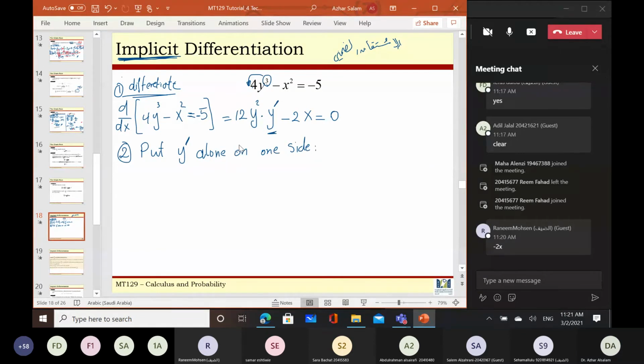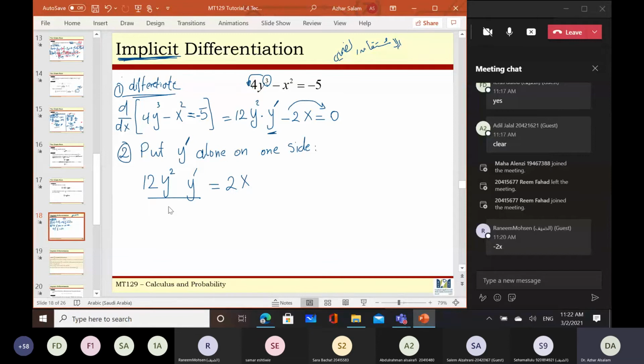So I will first move this to the other side. I will write 12y square multiplied by y dash equals 2x. So what remains to find only y dash is to divide by this.